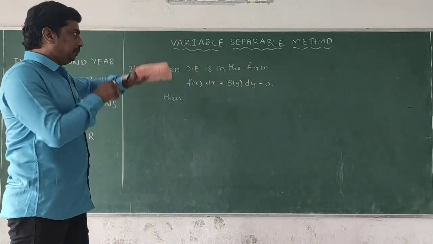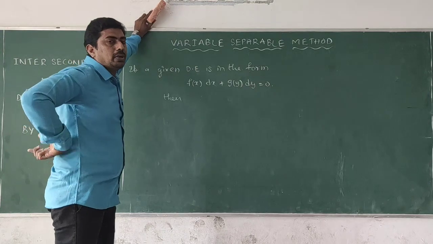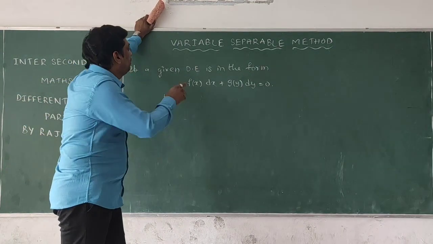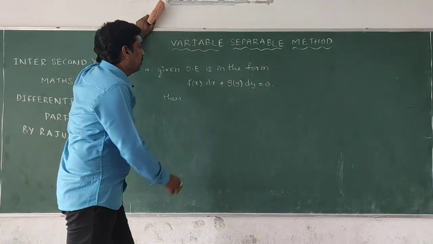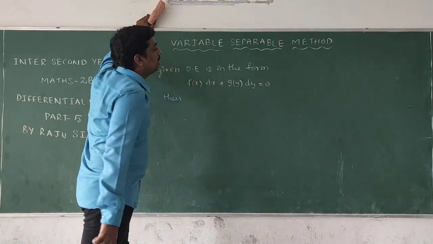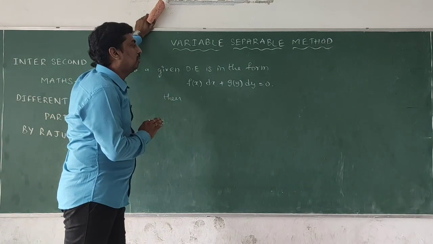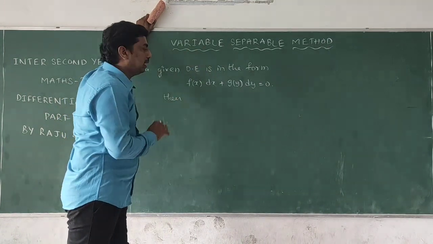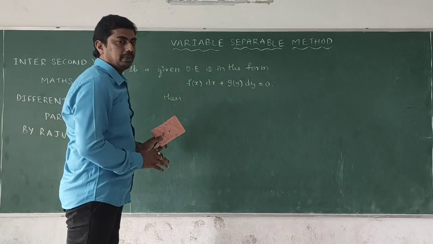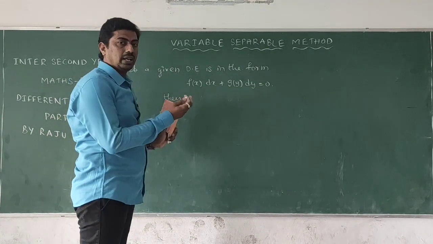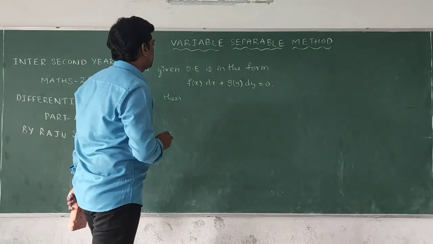Now what is the process of solving by the variable separable method? If the given differential equation is in the form of f of x dx plus g of y dy equal to 0, in order to solve it in the variable separable method, just keep the variables separately in the LHS and RHS.